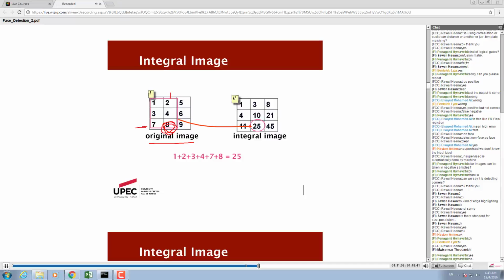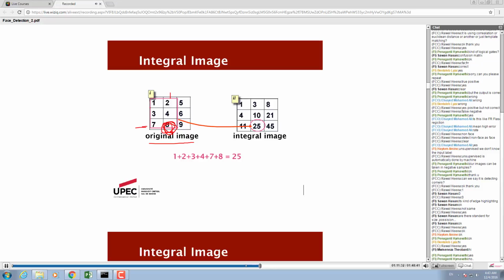By the way, the integral value of this position is represented as this red rectangle. So it means that instead of just 8, the integral value at this position is the sum of all these red rectangles.